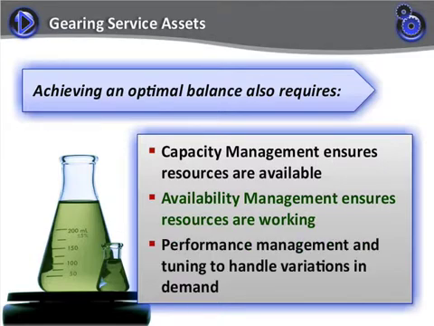And performance management and tuning to handle variations in demand. Forecasts of demand are always just estimates. They will provide a broad picture of future demand, but within that big picture are random, unpredictable variations and trends that have to be managed. Capacity management takes a lead in managing these operational and tactical issues.